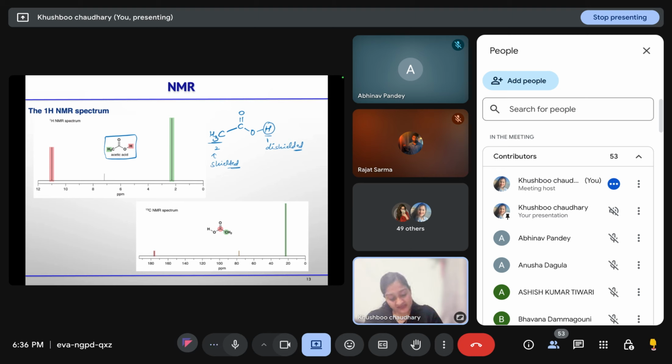So the signal in green is for CH3 and the signal in red is for OH. Regions we will discuss in further slides. And in the carbon-13 spectrum, the carbonyl or acid peak will come in the region of 150 to 200, and the CH3 will come in the region of 0 to 50.